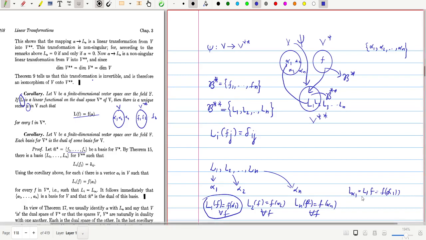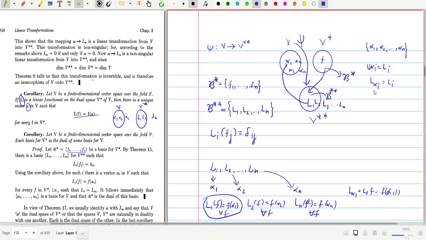Similarly, alpha 2, ..., alpha n are obtained by taking the pre-images of L2, ..., Ln under the psi. So psi of alpha 1 is L1. In fact, psi of alpha i is Li. This is the definition. What is psi of alpha i? That is L alpha i, which is equal to Li.